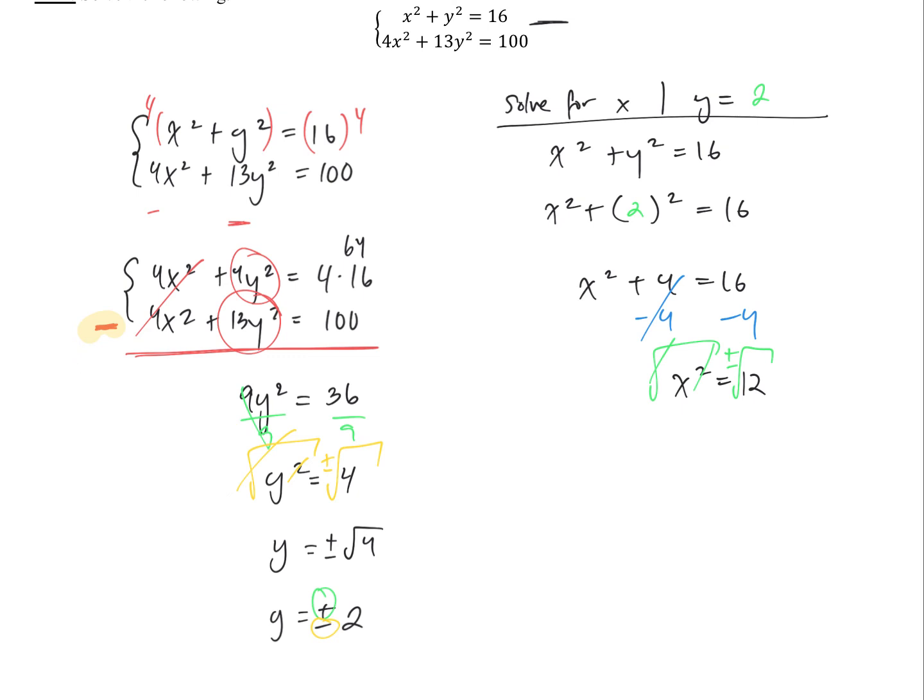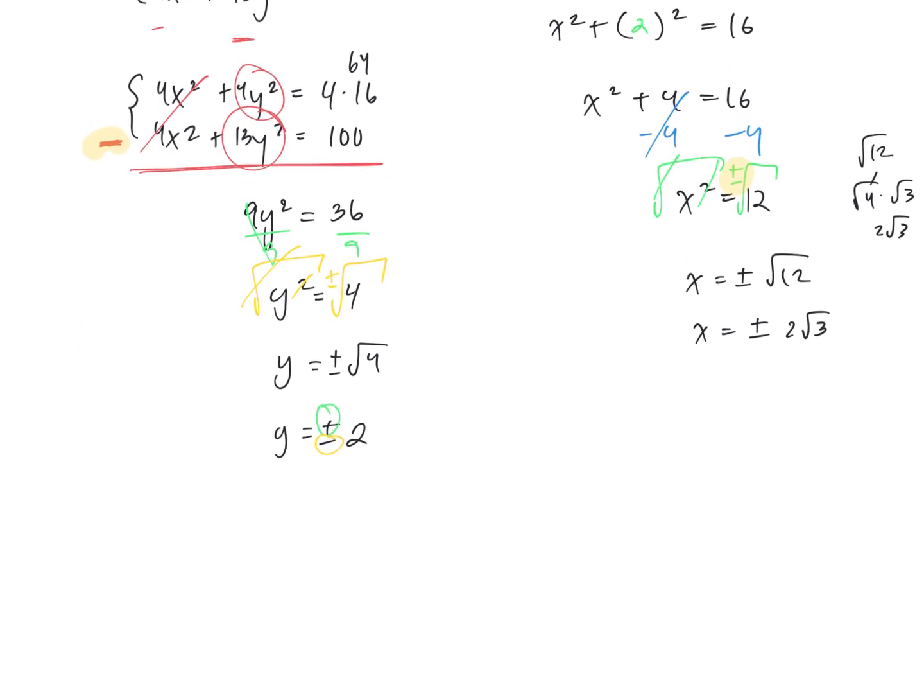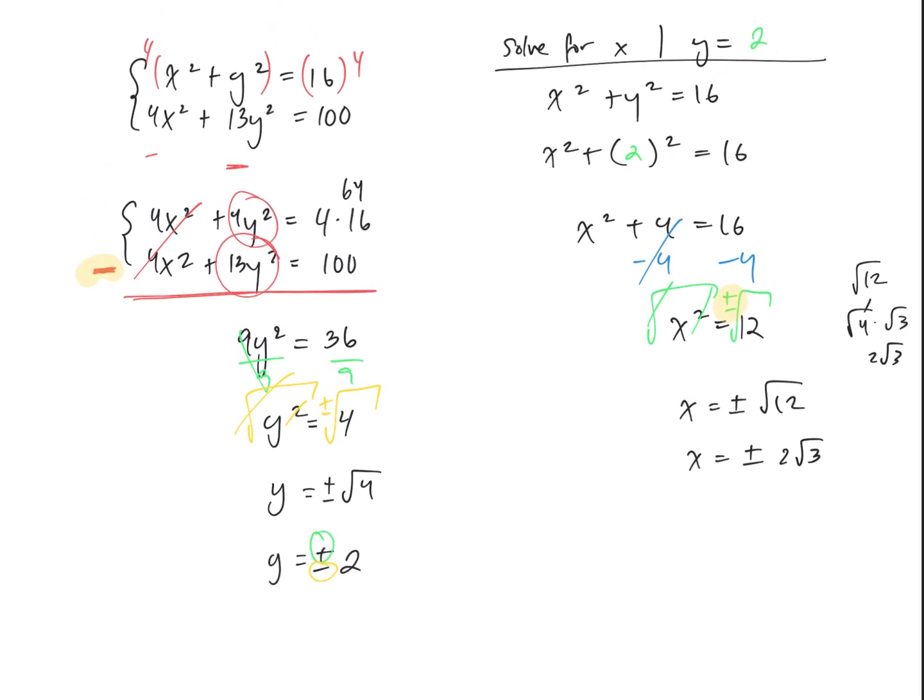Let me highlight that. And we get that x equals plus or minus the square root of 12, which we can simplify to plus or minus the square root of, well, we know that 12 is root 4 times root 3, so that'll be 2 root 3. Okay, so those are two possibilities. Ooh, getting a lot of possibilities here.